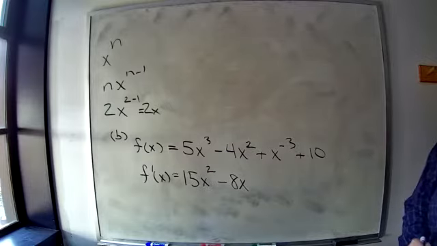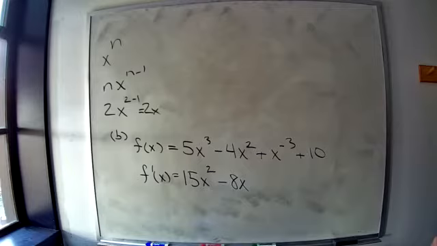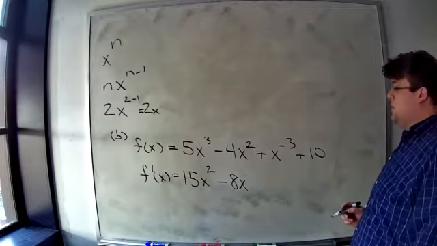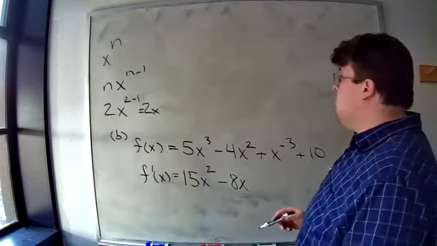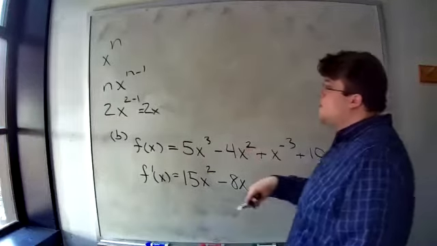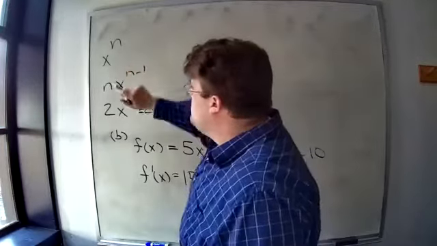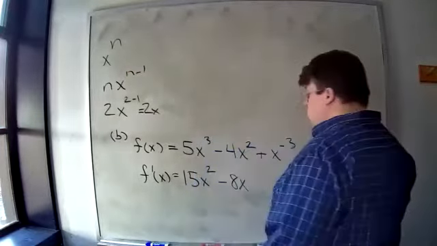Yes. For the -8x, how did it go? How did the 4 go to an 8? I know how the power rule works. Well, here we have x squared. The derivative of x squared with the power rule is 2x.